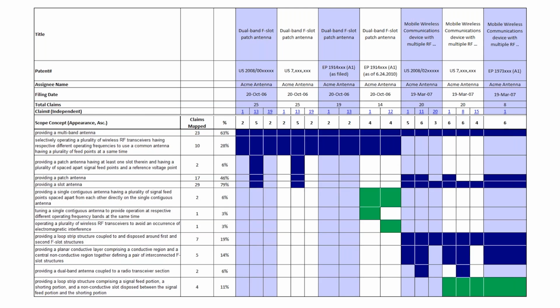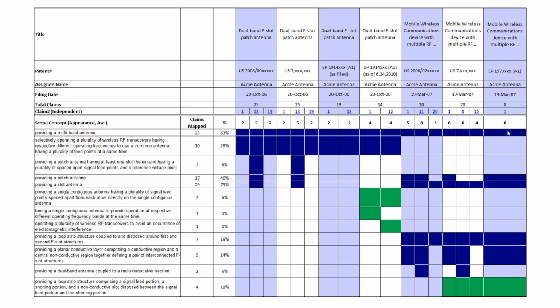Precisely, and also you're able to very quickly see what things they have in common with other matters, especially using this kind of pseudo head note style of claim concepting. So if you look right below where it says scope concepts, it's providing a multiband antenna. Now that isn't claim language, but the claims require a multiband antenna in all of those matters.